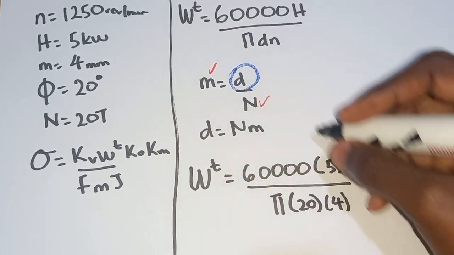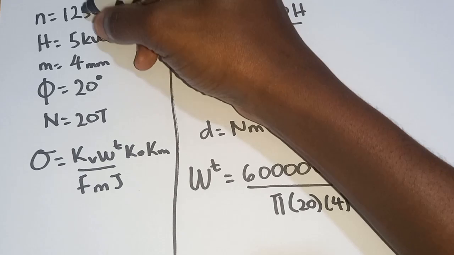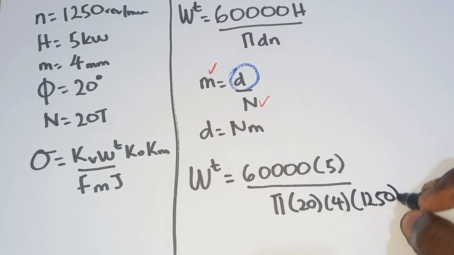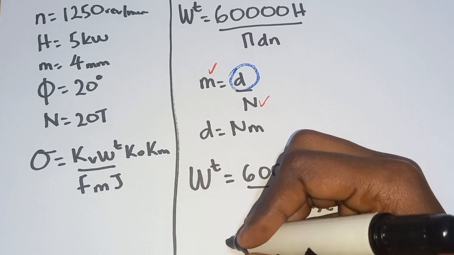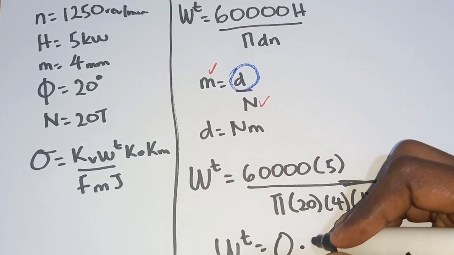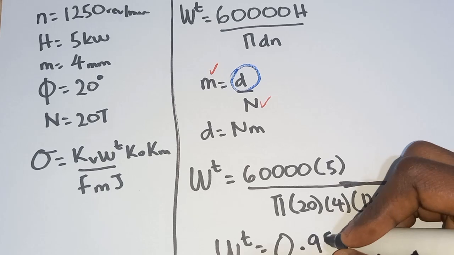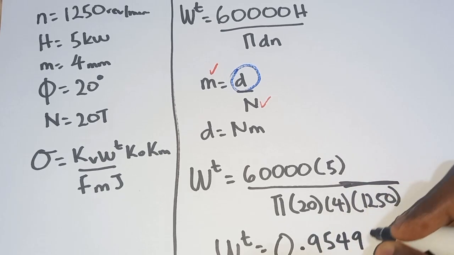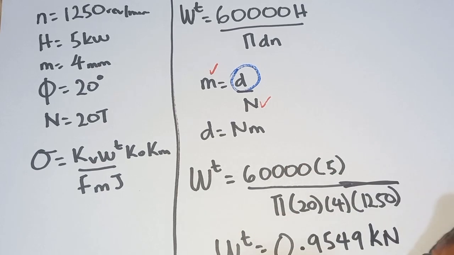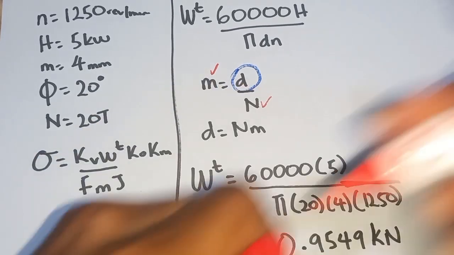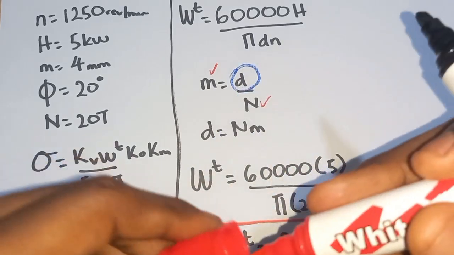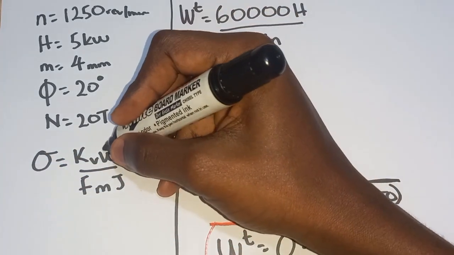So that's for the d, and the n, that's the speed, is 1250 revolutions per minute. So when we have this, the WT is equal to 0.9549 kilonewtons. So we are done with this part.